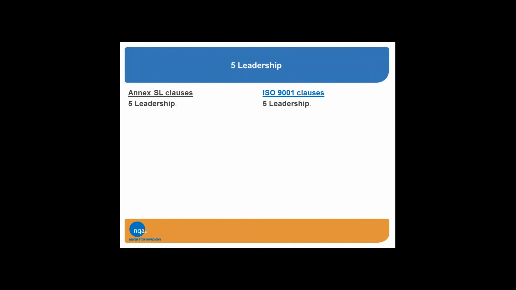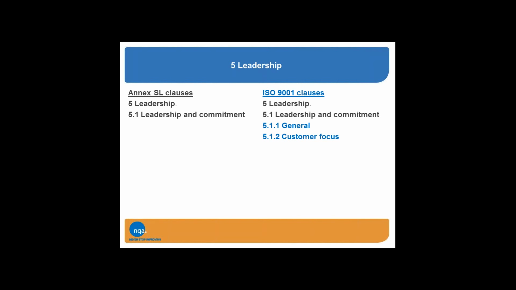So again, looking at the Annex SL requirements and how that carries over into 9001, we have requirement for leadership and commitment. And not surprisingly, we have that same requirement in 9001.